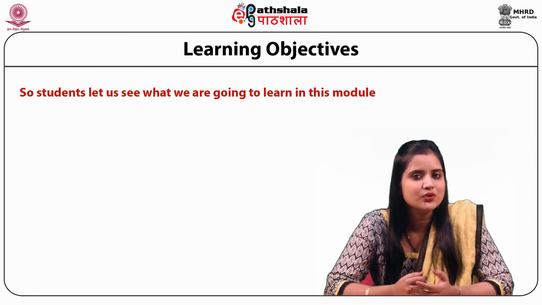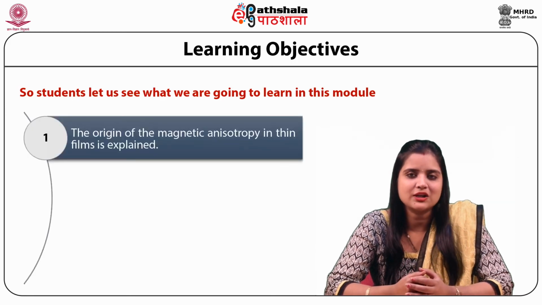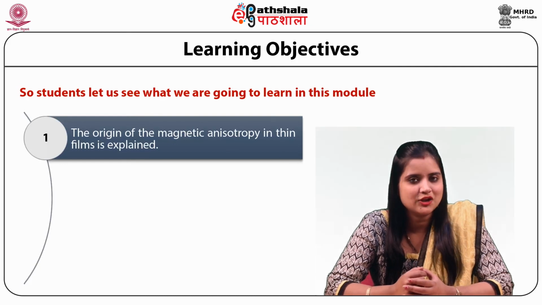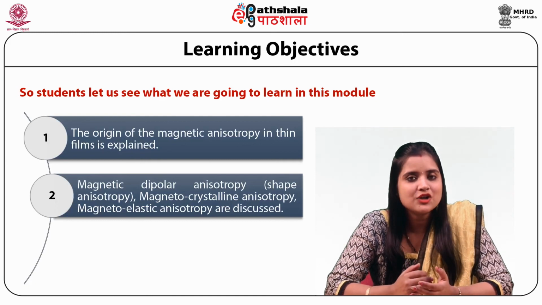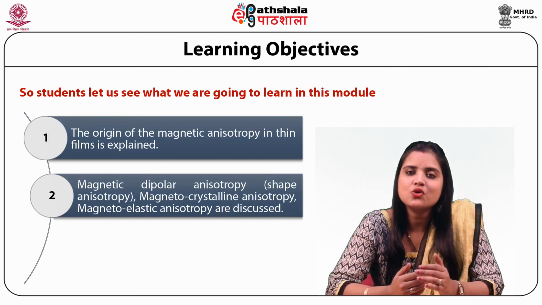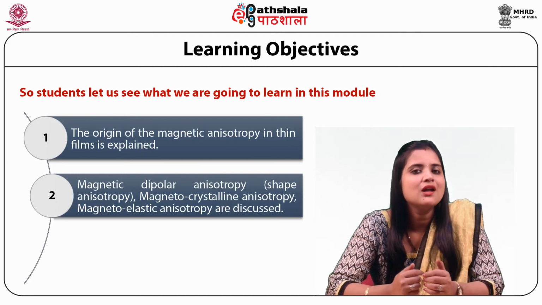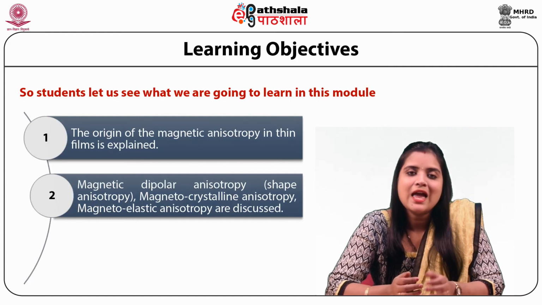In this module, the origin of the magnetic anisotropy in thin films is explained. Magnetic dipolar anisotropy, which is also known as shape anisotropy, magneto-crystalline anisotropy, and magnetoelastic anisotropy are discussed.